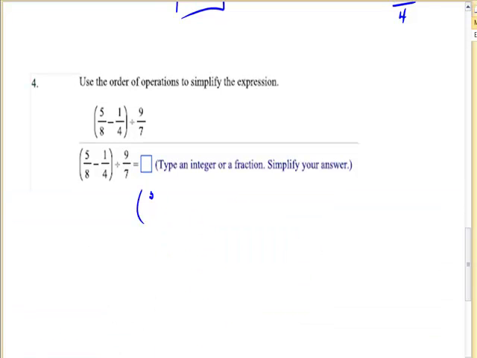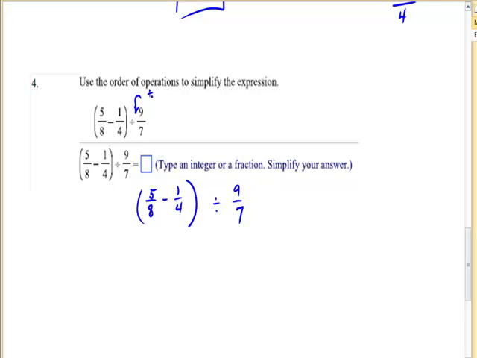I have parentheses, 5/8 minus a fourth, and close parentheses, divide, I think that's divided by 9/7. I'm looking at that symbol. I'm having a little trouble determining if it is an addition or a division. Well, I don't think you'll have trouble when you see your problem. I'm going to assume that that is a division symbol. Okay.